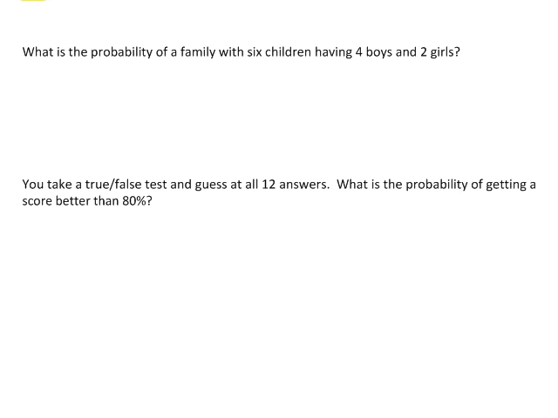All right, we have a couple more. The first one, what is the probability that a family with 6 children has exactly 4 boys and 2 girls? This is very similar to what we were just doing. There's 6 children, so the total number of ways that can happen is 2 to the 6th, which is 64.